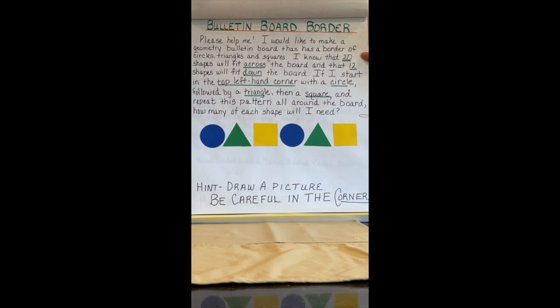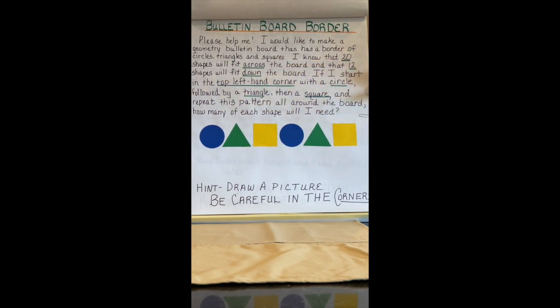I know 20 shapes fit across the board and 12 shapes fit down the board. If I start in the top left-hand corner with the circle, followed by a triangle, then a square, and repeat this pattern around the board, how many shapes will I need?